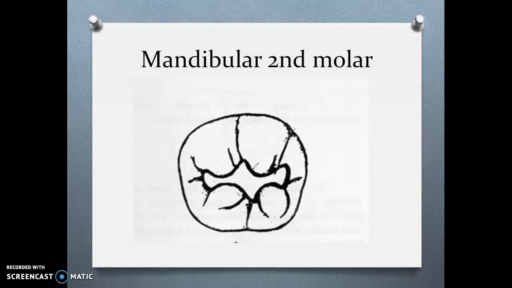Then the pulpal floor is flat and smooth, which is 1.5 to 2 millimeters from the cavosurface margin. Pulpal floor is flat and smooth and perpendicular to the long axis of the tooth. Isthmus width is 1/4 of the intercuspal distance, or 1 millimeter.